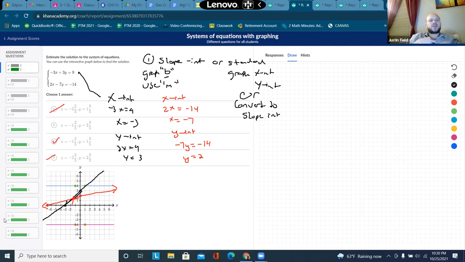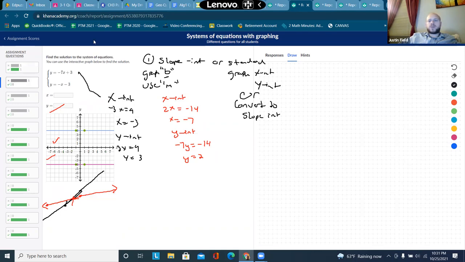So this was a harder one because you have to estimate. But hey, I did it. So the solution to the system of equations is where the lines intersect. They intersect in one point, and that's how you find it. Just kind of look at it.